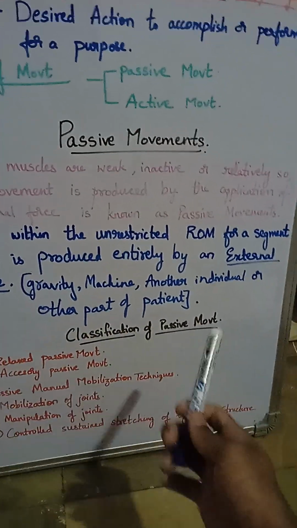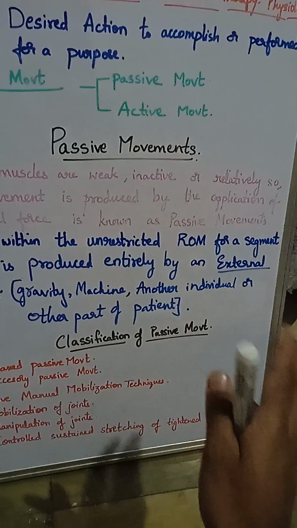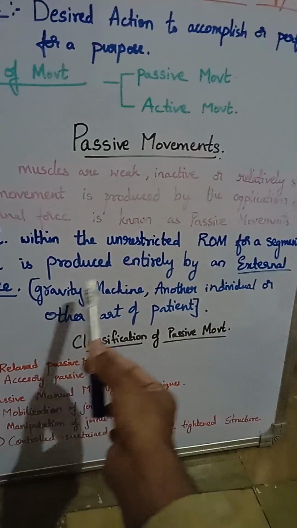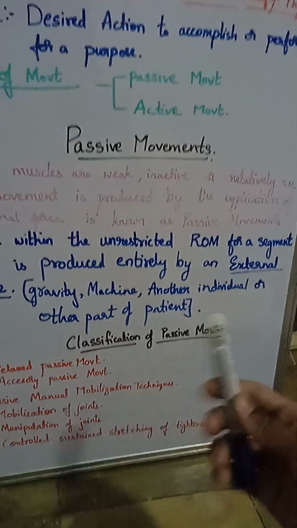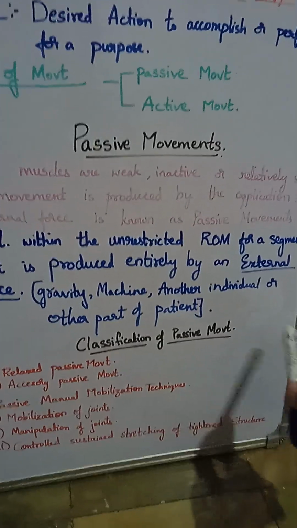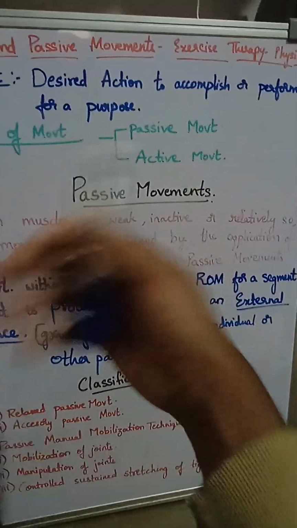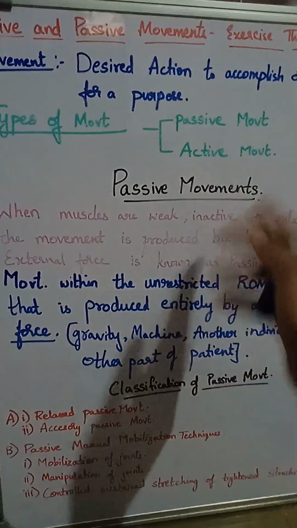There is no patient's own muscular effort; everything is done externally. So what could be the external force? The external force could be gravity, a machine, or another person, that is a therapist, friend or any caretaker. It might be anyone, any other individual, or another part of the patient. If one side of the patient is paralyzed, he can use the other side to do the movement. This is the definition of passive movement.